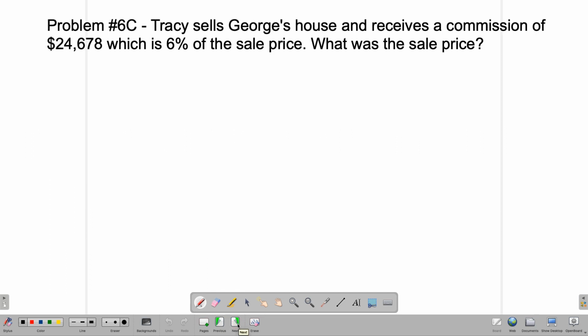Now problem 6c. Tracy sells George's house and receives a commission of 24,678, which is 6% of the sales price. What was the sales price? So once again, we want to use the same equation, part equals rate times base.